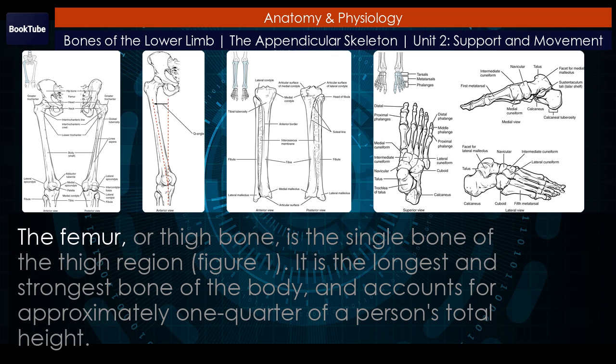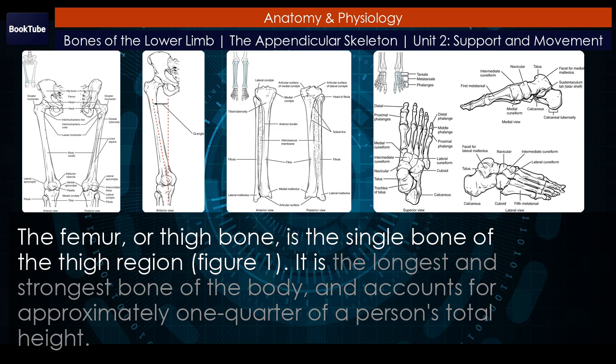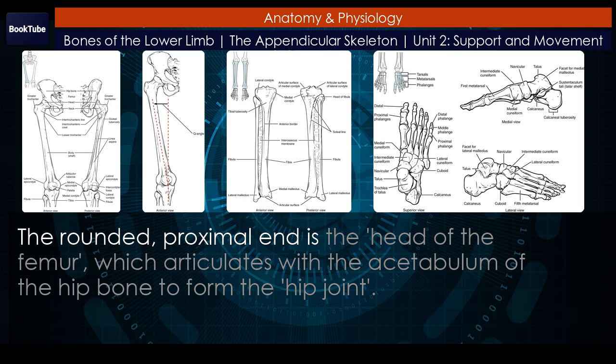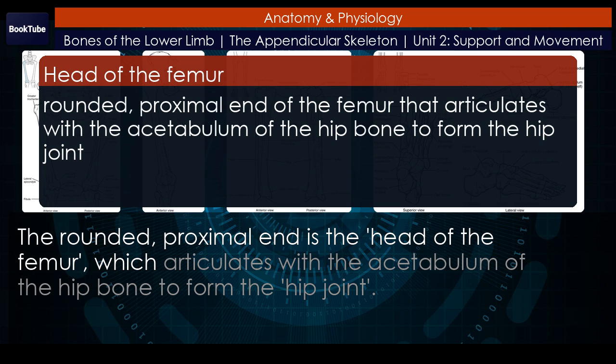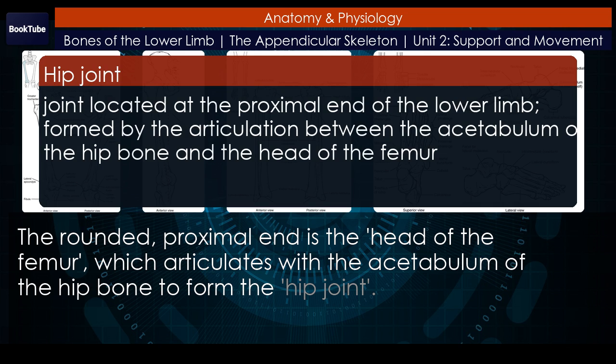Femur. The femur, or thigh bone, is the single bone of the thigh region. It is the longest and strongest bone of the body, and accounts for approximately 1/4 of a person's total height. The rounded, proximal end is the head of the femur, which articulates with the acetabulum of the hip bone to form the hip joint.